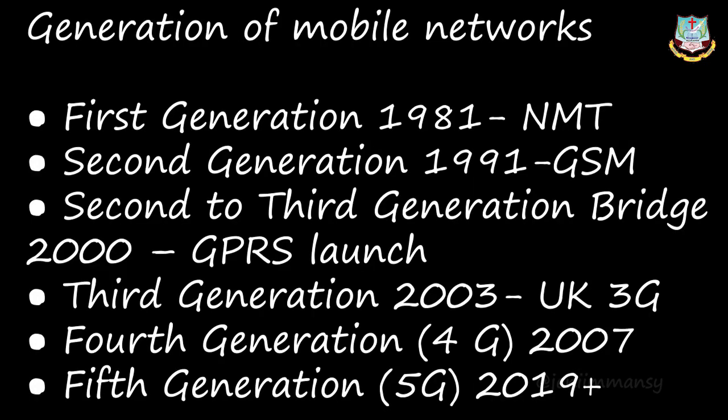And the advantages of that, and we have seen about the generations of mobile networks, that is 1G, 2G, 3G, 2.5G and 5G, right? 4G also. That is first generation, second to third generation bridge, third generation, fourth generation and fifth generation. We have seen about the generations of mobile networks also in this chapter, right?